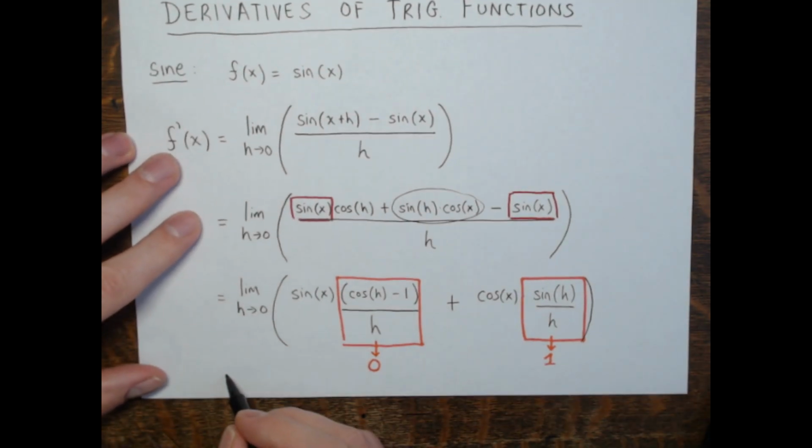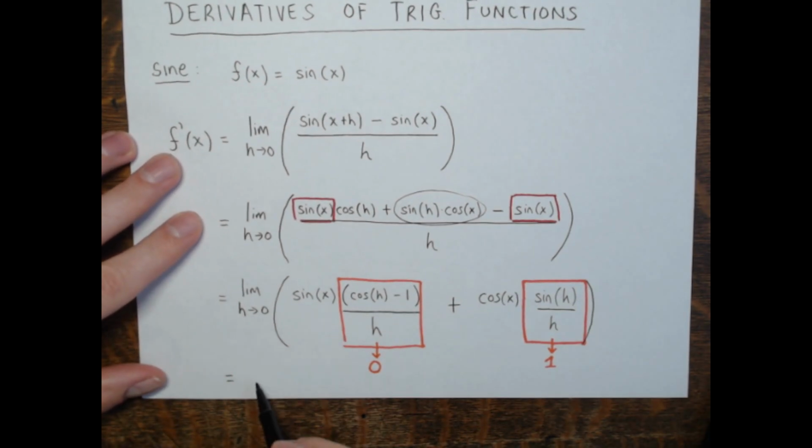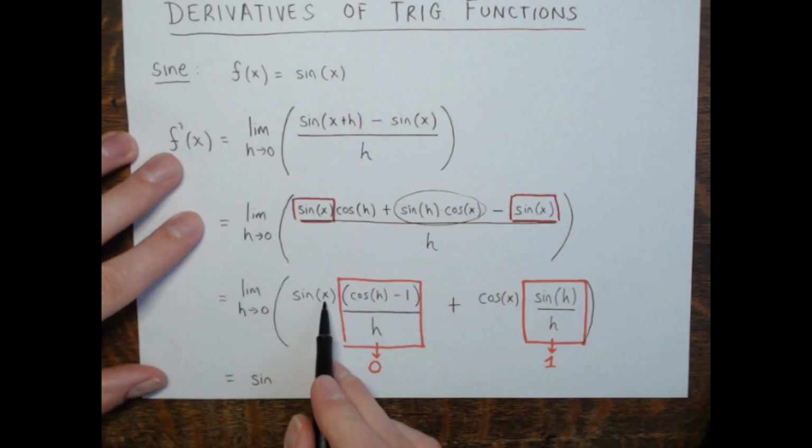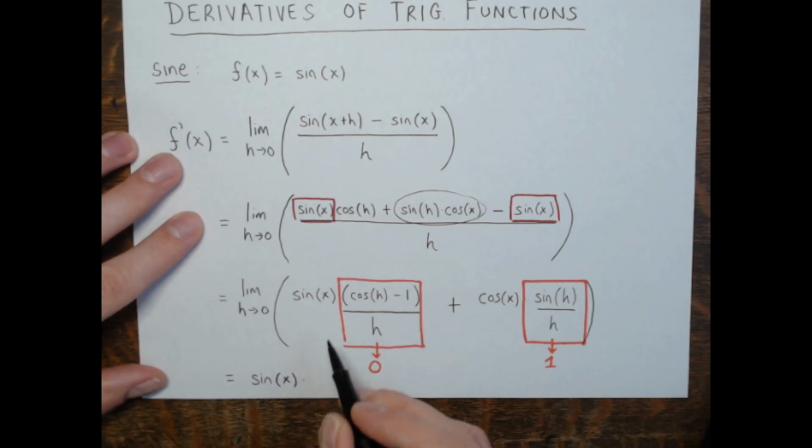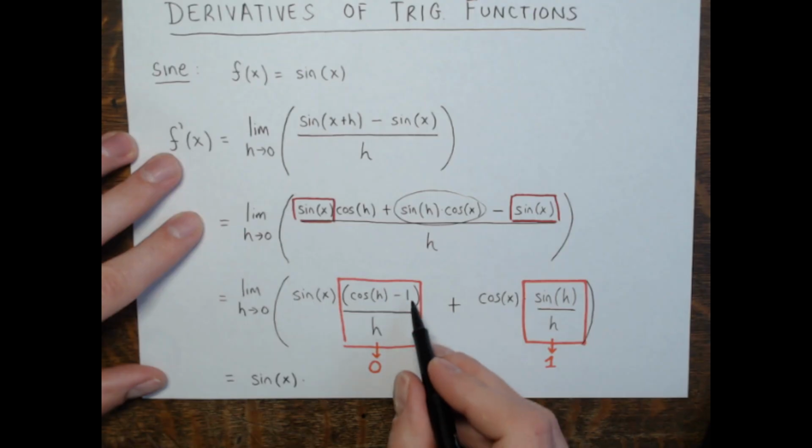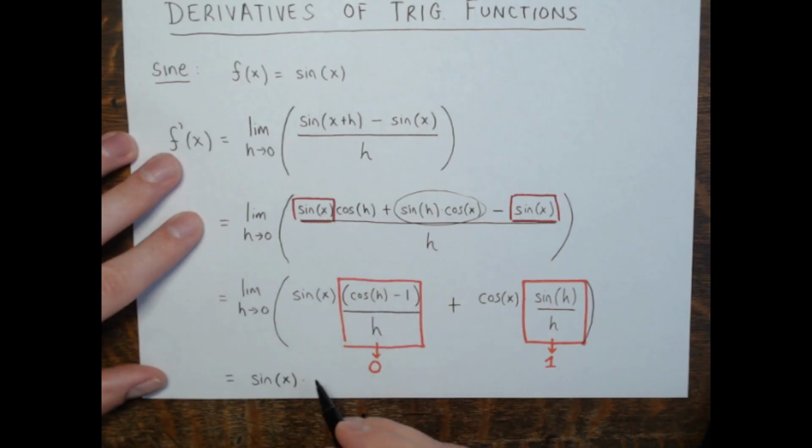So putting all this together, we end up with the sine of x, because this sine of x doesn't change. The only thing changing here is h. h is approaching 0, so anything that's not h is considered constant. So it's the sine of x times this limit in the box, cosine h minus 1 over h, which is 0.